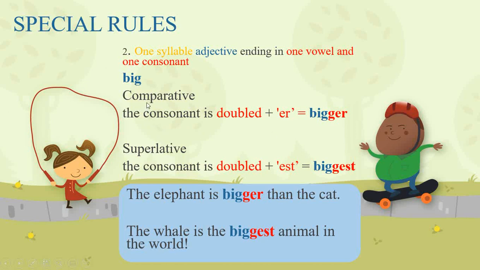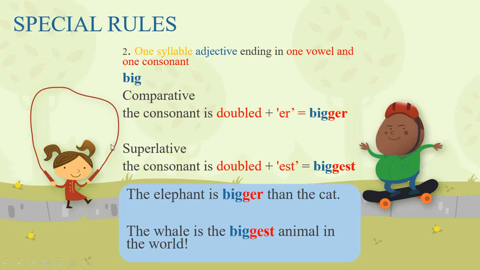So the comparative form for the adjective big is going to be bigger with double G. Bigger. Double the consonant and we add ER.